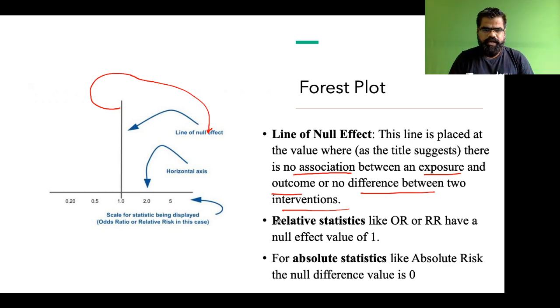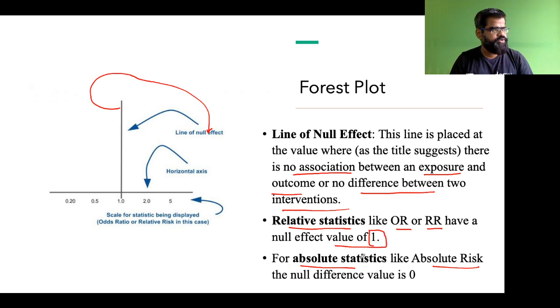So how do we do that? We have a horizontal axis, on which we plot either, when we take relative statistics, the odds ratio or relative risk, or when we are taking absolute statistics, the absolute risk. When we are taking relative statistics, where you take odds ratio or relative risk, the null effect value is 1.